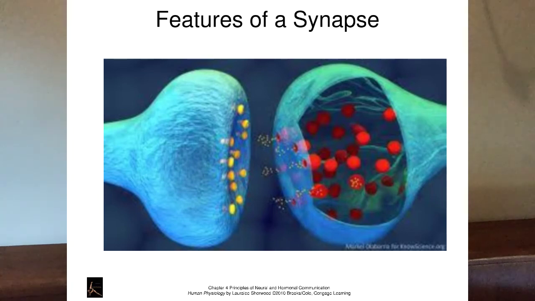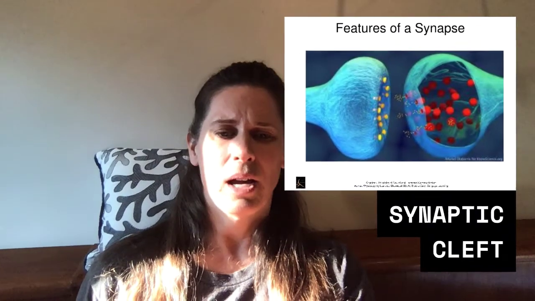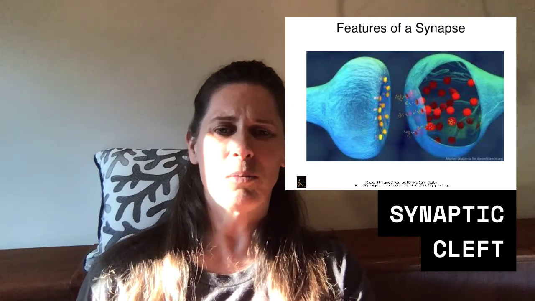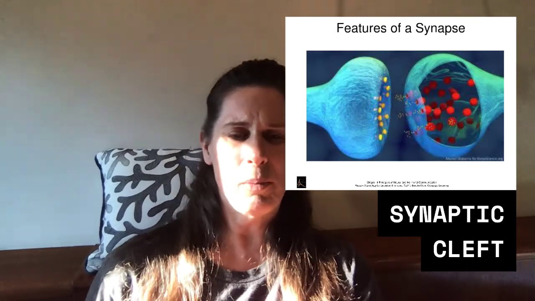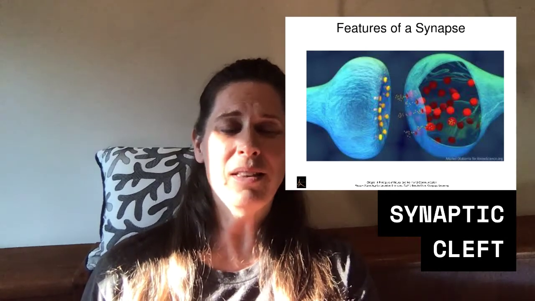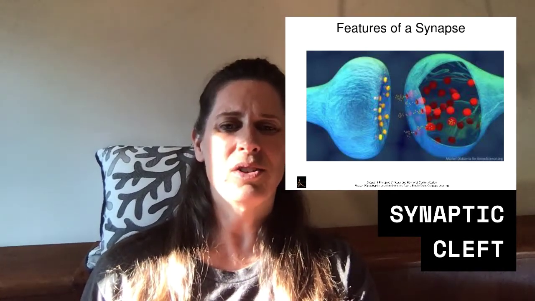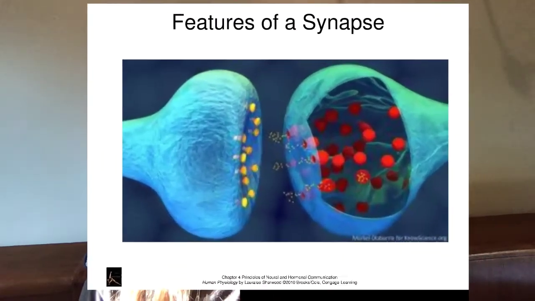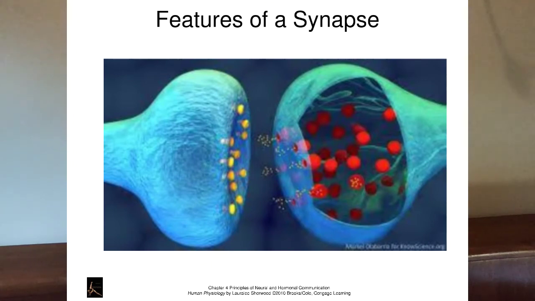And the neurotransmitter gets released into the synaptic cleft. That's the term I wrote there for you. The synaptic cleft is just that space. It's a fluid-filled space. It's filled with the interstitial fluid, or the ECF, right? So it has the fluid in that area, and that's where the neurotransmitter just flows into that space.